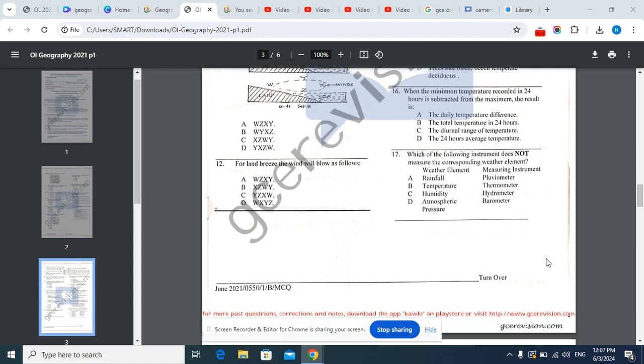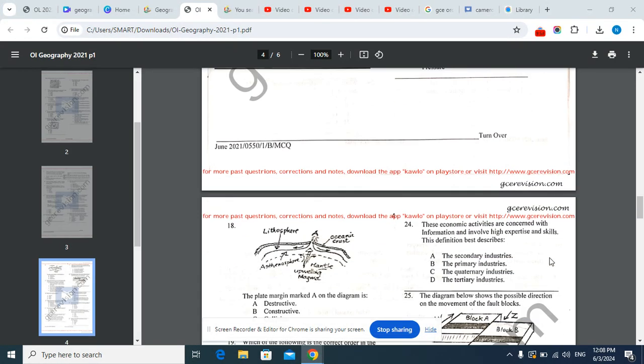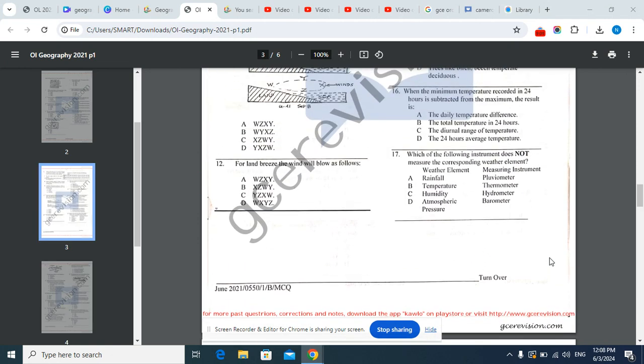Question 17. Which of the following instruments does not measure the corresponding weather elements? The answer is C. Question 18.